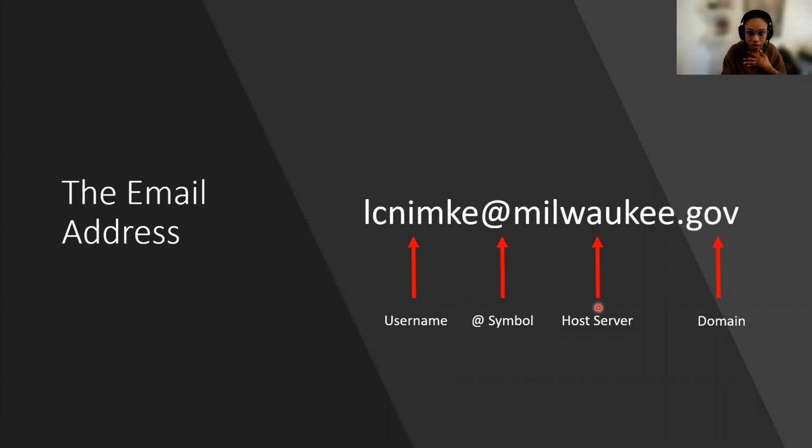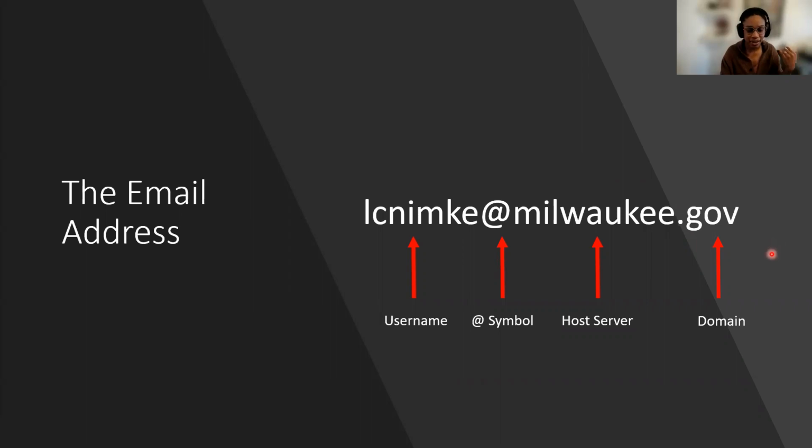In my circumstance of this example, it's the name of the government I work for, the organization I work for. And the last piece is the domain name. So this is my work email, as I said.